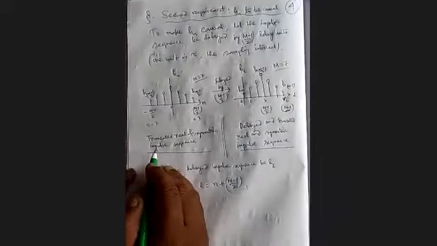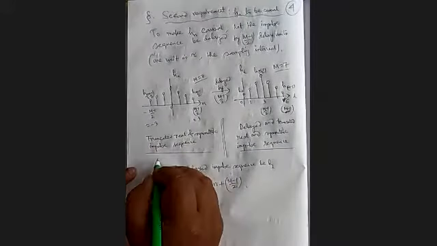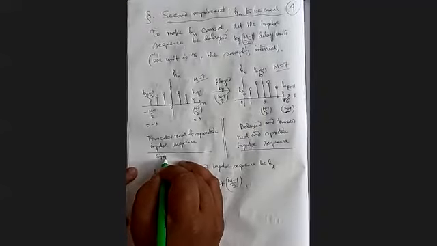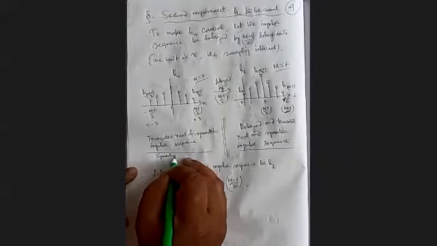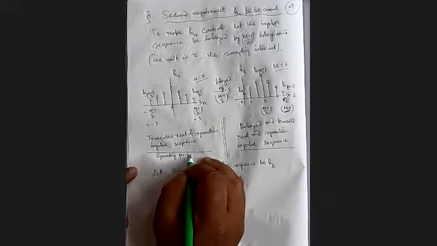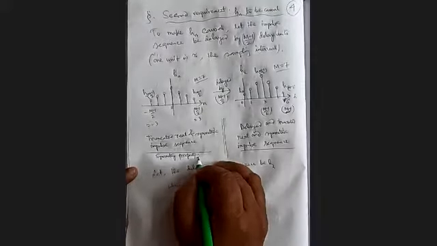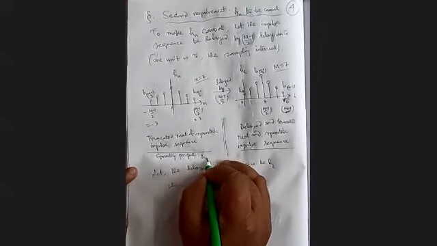So here, the symmetry property is h(n) equals h(minus n). But in that case, what will our symmetry property be?